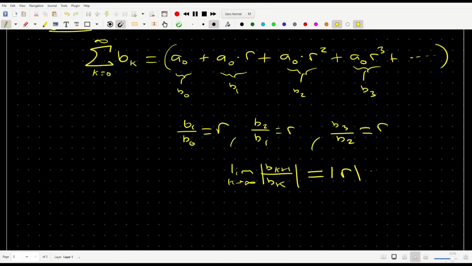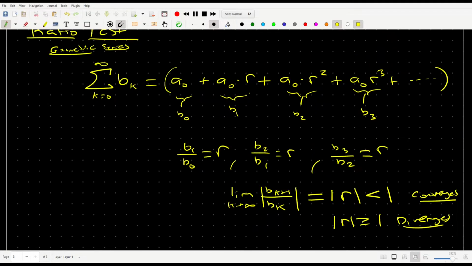We know that when this is strictly less than 1, the series converges, and if it's greater than or equal to 1, the series diverges. This is for the geometric series, remember. This is kind of like a review.